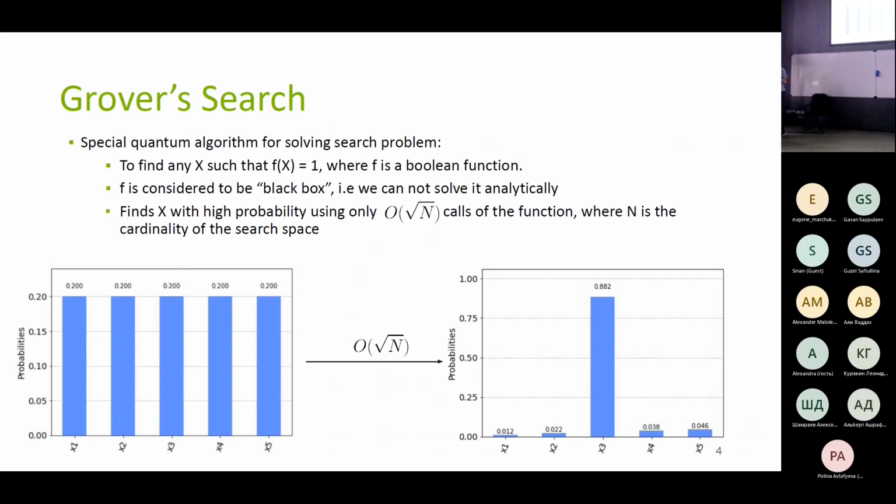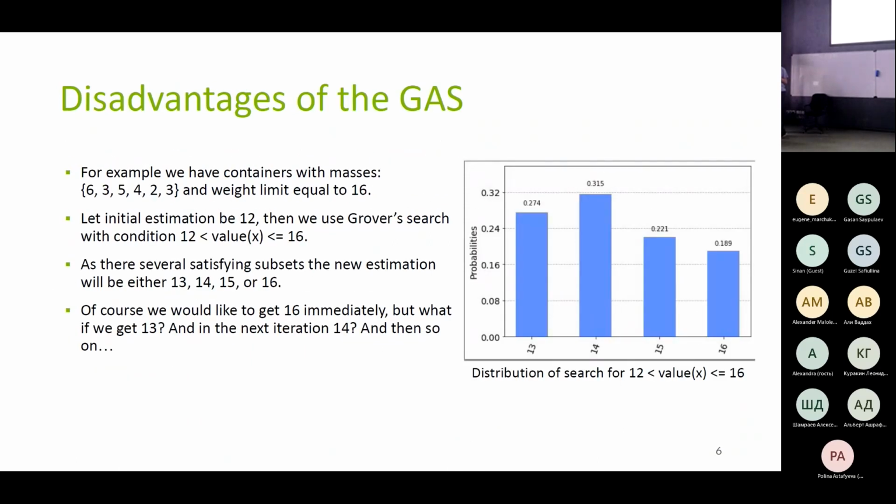For example, as on the graph, there is a range of solutions which satisfy the constraints, giving you the answer 13, 14, 15, and 16 dollars, which is the estimation of the problem. And there are, for example, 274 such solutions for 13, 315 for 13, and so on.